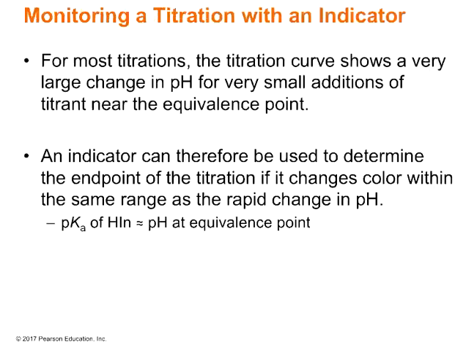So we can use an indicator if it changes color within the same range as the rapid change in pH. Or another way to think of that is the pKa of the indicator is approximately equal to the pH at the equivalence point.